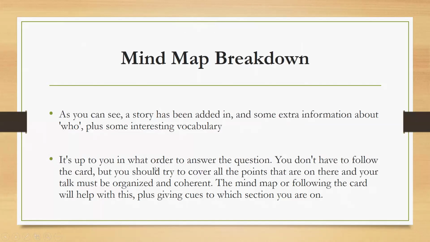It is up to you in what order to answer the question. You don't have to follow the card, but you should try to cover all the points that are on there, and your talk must be organized and coherent. The mind map of following the card will help with this, plus giving you cues to which section you are on and what to talk about next.